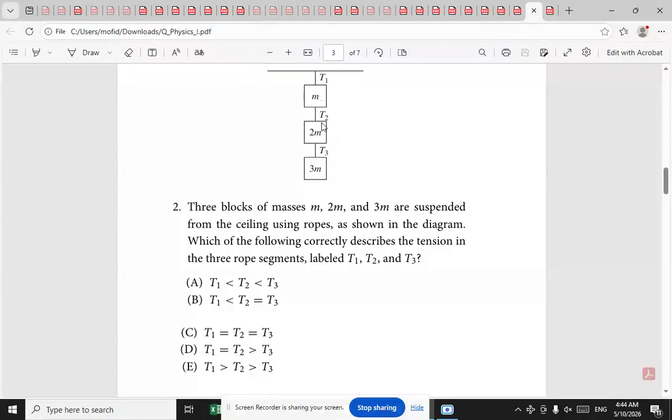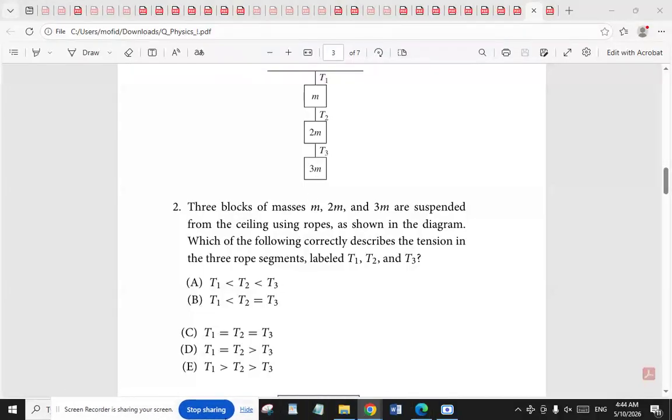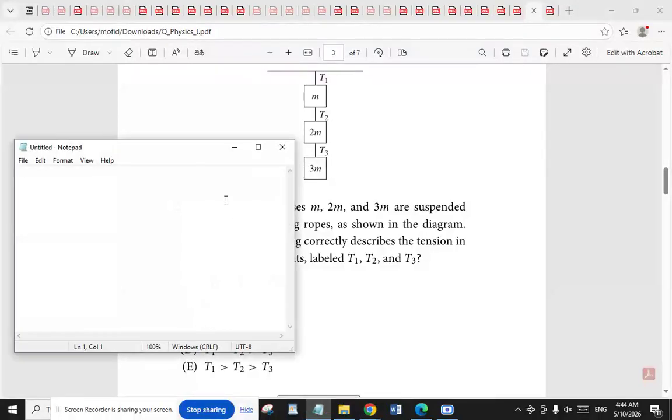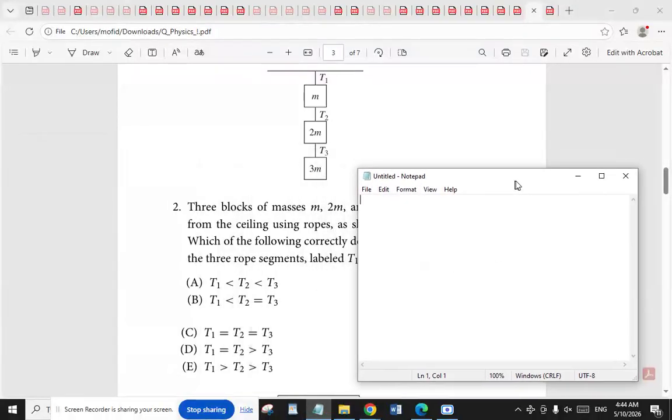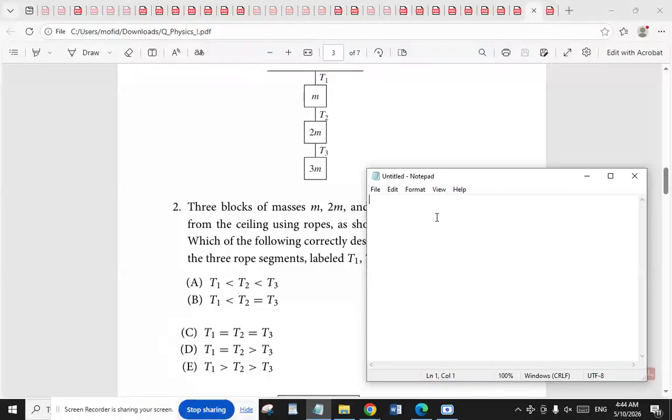For T3, we have 3m divided by g. I can write it out for you, and you can guess which of these options is correct.